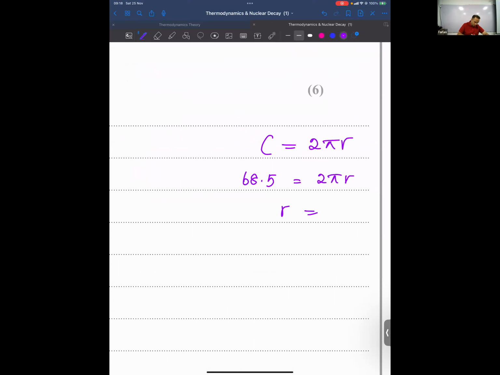68.5 divided by 2 pi, which is 10.902. I'll take it as 10.90 centimeters for the radius, which in meters is 0.109 meters.